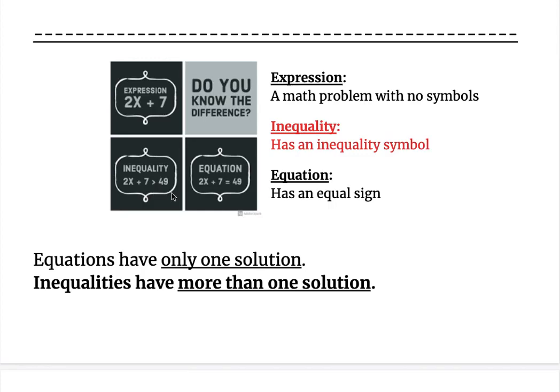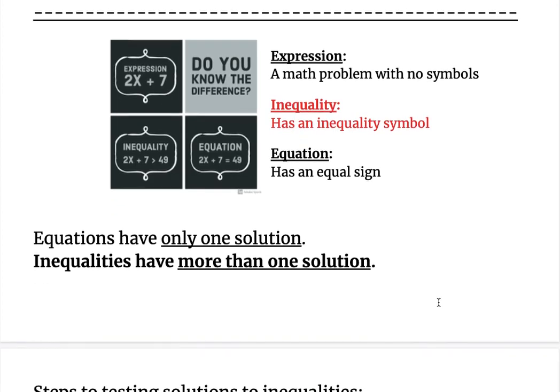There's tons of numbers that are greater than 49. 50, 51, 52, 53, 54, all the way up until the largest possible number that we have discovered. So inequalities give you more than one answer because there are tons of numbers that could be greater than or less than that particular value that you're looking for. So again, make sure that this distinction, this difference between equation solutions and inequality solutions are in your notebook before moving on.